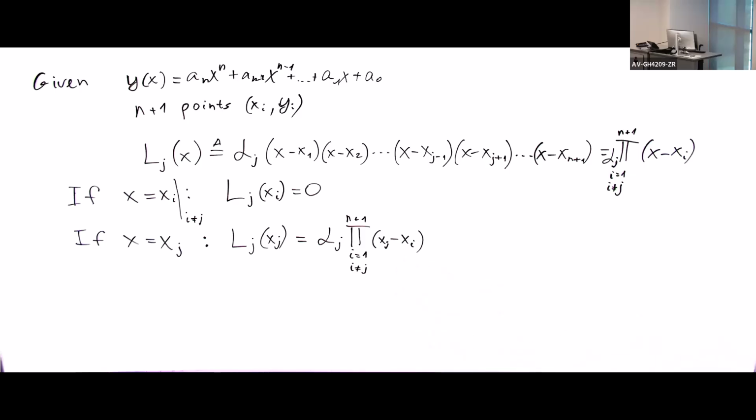Now, I want to find alpha such that that value will be 1, because I want that index type of property. So from here, I will define alpha j in that case to be 1 divided by that thing, which is the product over i from 1, i not equal to j, of (xj minus xi).